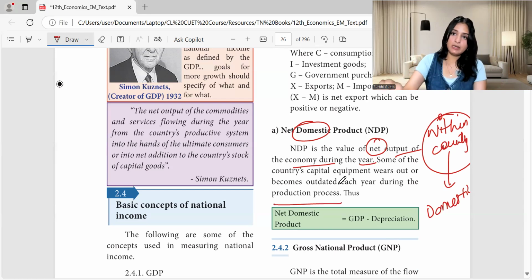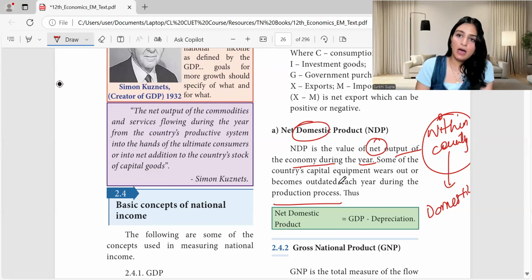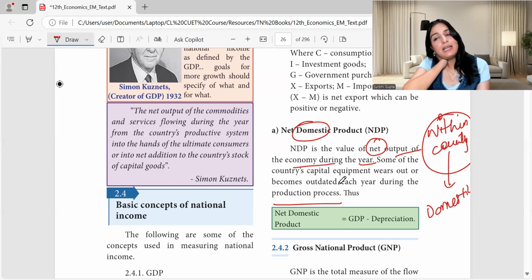So if you're producing using a machine, your machinery is in constant use. If you have a car or a television, when you use it constantly, the value gets depleted. If you have bought a car for say 35 lakh, can you sell it after 1 year for 35 lakh or more?